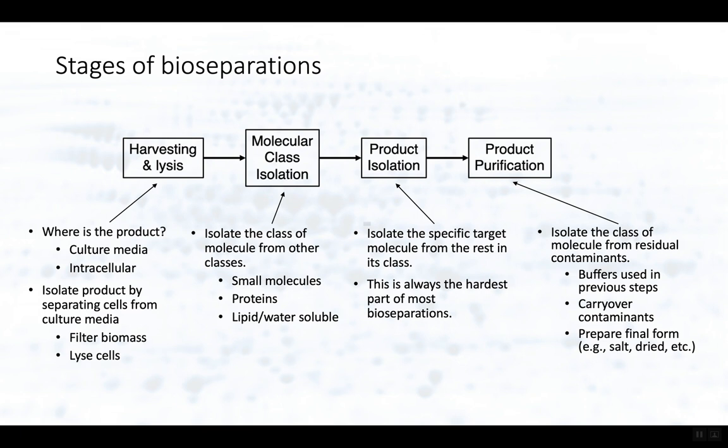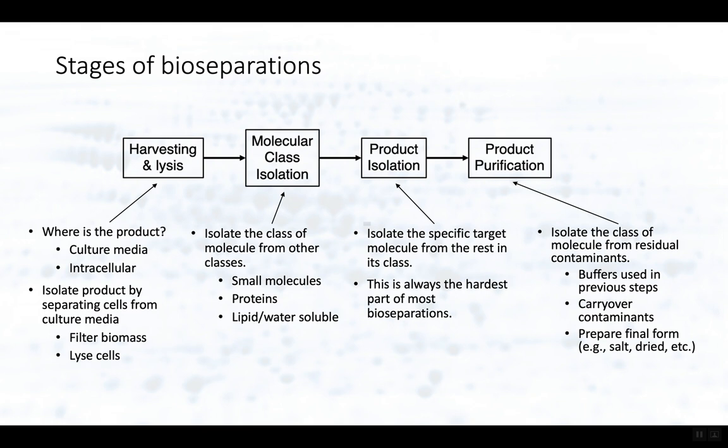So we think of bioseparations in four stages. These are the basic four stages. The key for an engineer doing bioseparations is that there are always choices within each class of processes that you might use, and there's never one scheme that works.